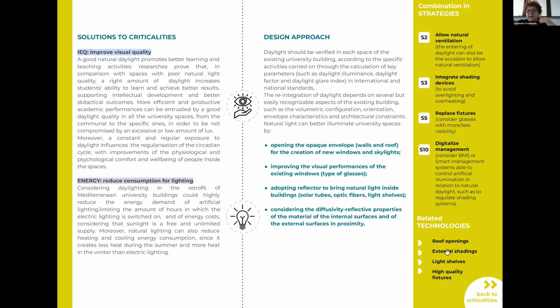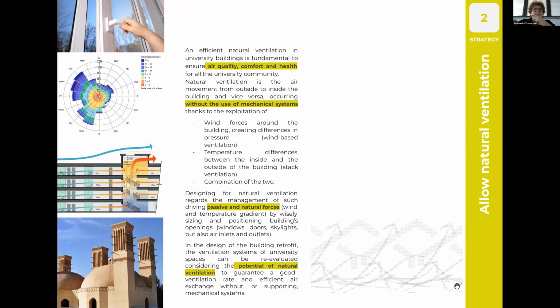And have a very first look on the technologies. So roof opening, external shading, light shelf, that is possible to search in the second level. Besides, to allow natural ventilation, we propose the similar element.